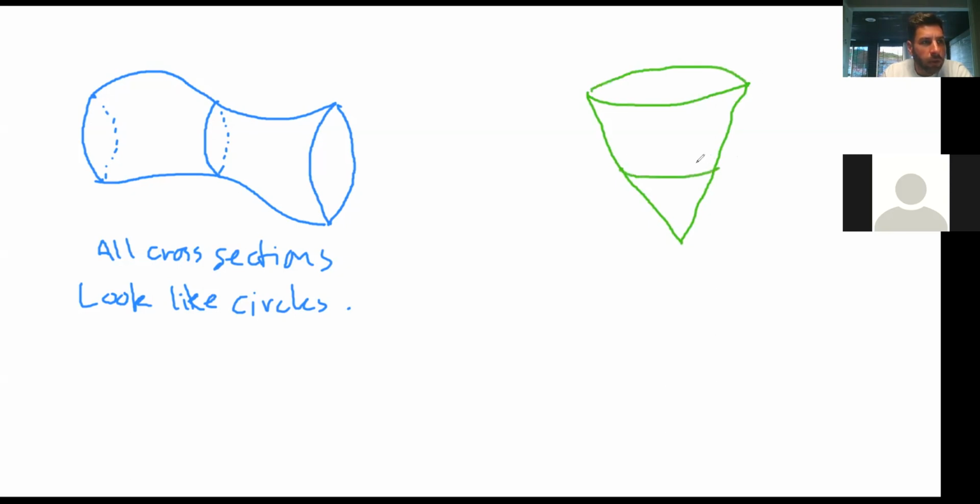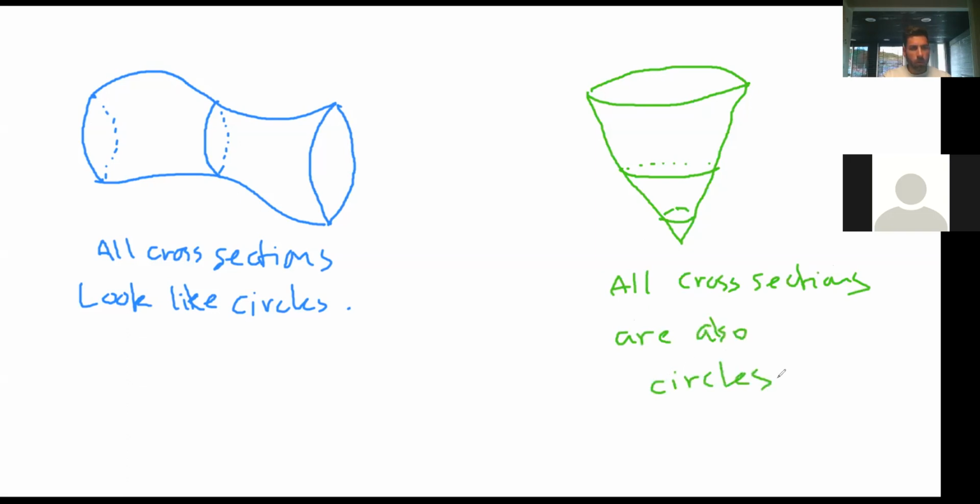Here, all cross sections, if I take them horizontal, are also circles. Now, it doesn't necessarily have to be circles. We can draw other shapes. Before I do that, does anybody have a question?